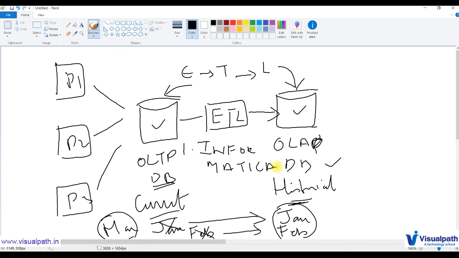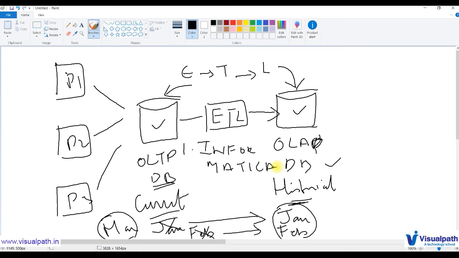Informatica is an ETL tool that extracts the data from my OLTP database, transforms the data, and finally loads the data into my OLAP database. Okay, that is the importance of Informatica. I hope you understood now why we need Informatica and in which scenario we use it.